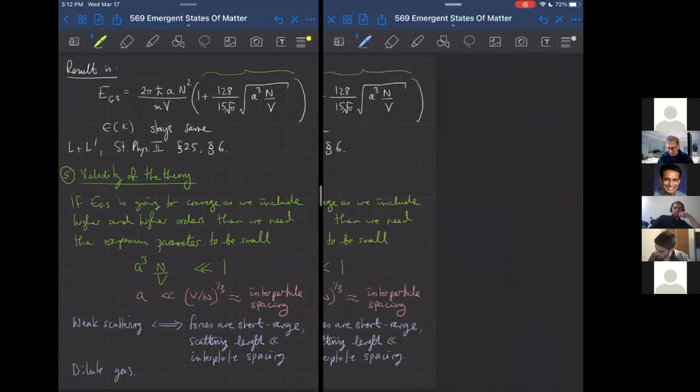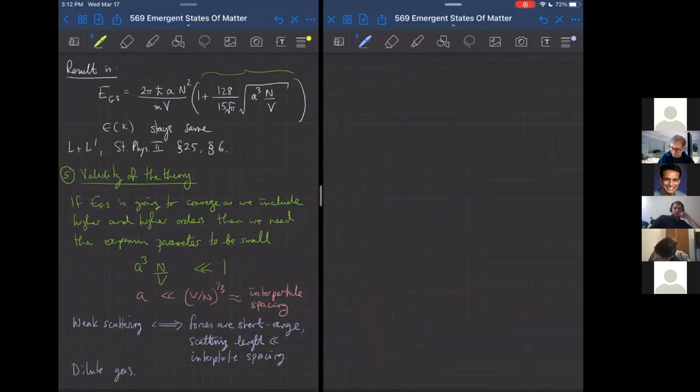So the other thing that we've assumed was that we took our potential and replaced it by this pseudo-potential, and we saw that meant that this was valid in the long wavelength approximation.